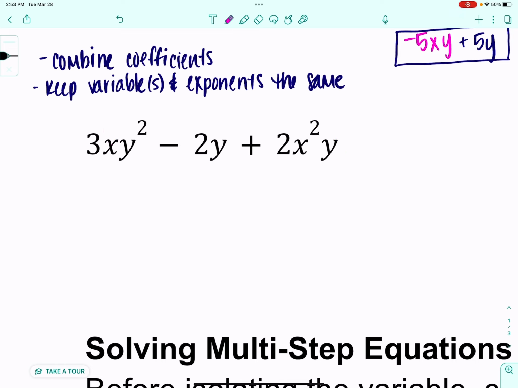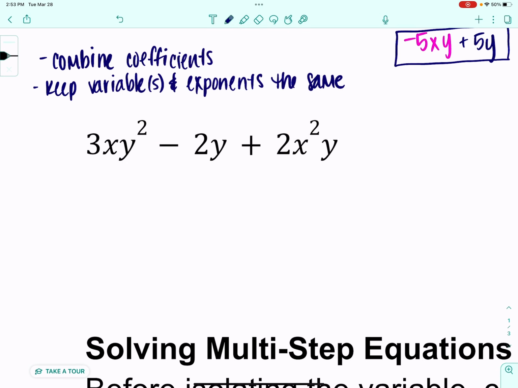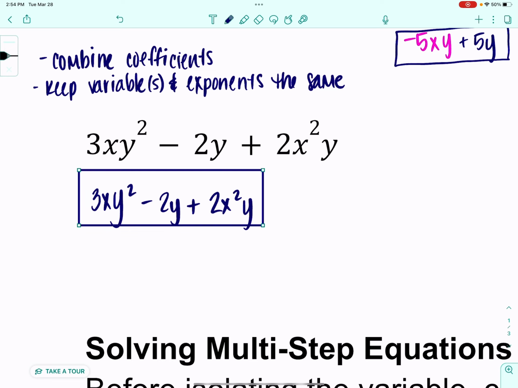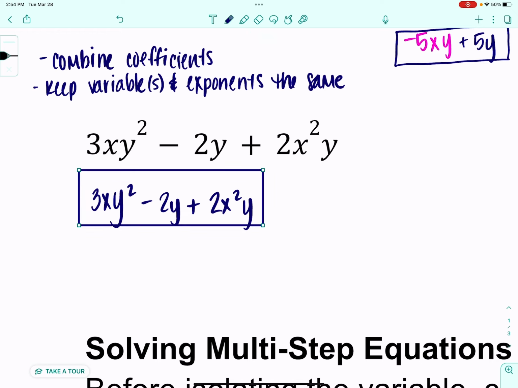When that happens, all you do is leave it alone. You don't always get terms that you can collect. If you can't, you leave it just like it is and move on with your mathematical career.